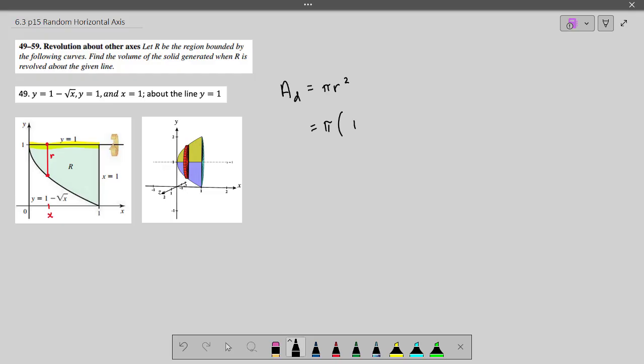So it's going to be 1 minus the lower y value, which is 1 minus root x, and then all that squared. So everyone okay with that? This right here is the upper y, and this right here is the lower y. So vertical distance, upper y minus lower y.